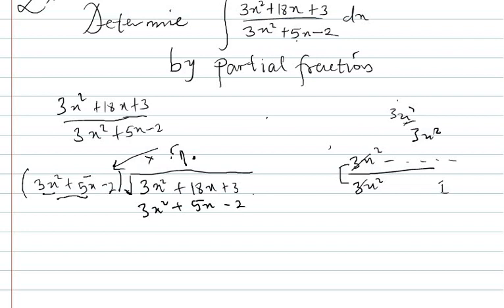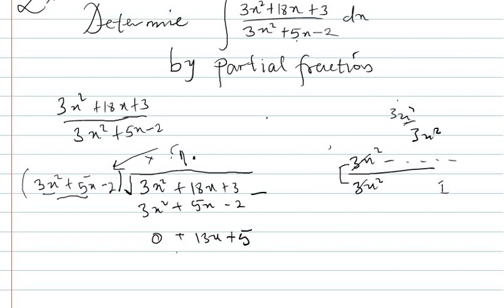Then we subtract the lower one from the higher one, from top to bottom. 3x squared minus 3x squared is 0, then 18x minus 5x gives 13x, and plus 3 minus minus 2 gives plus 5.